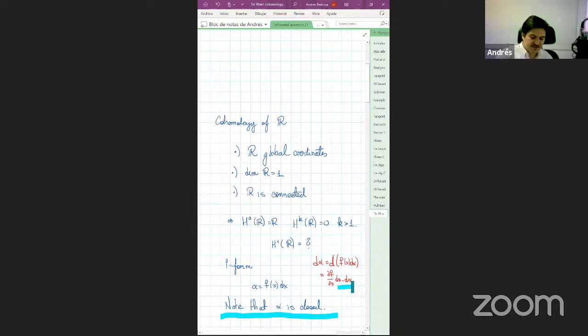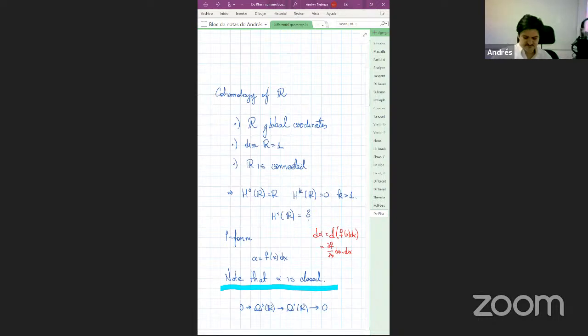But what else can you argue in a different way? Because by dimension reasons, there are no two forms on R. Or the only two form is the 0 form.